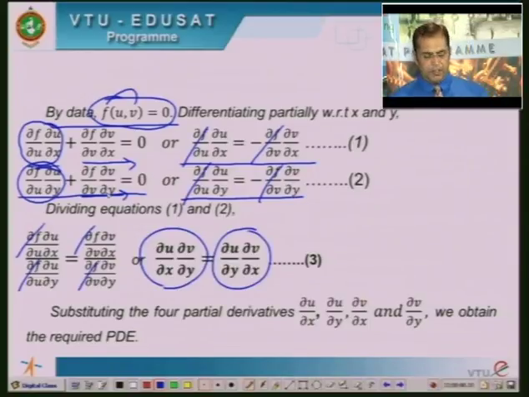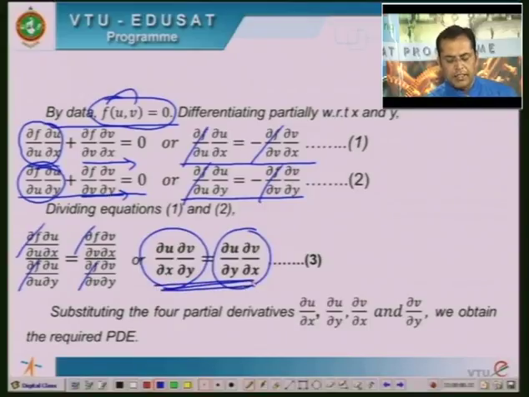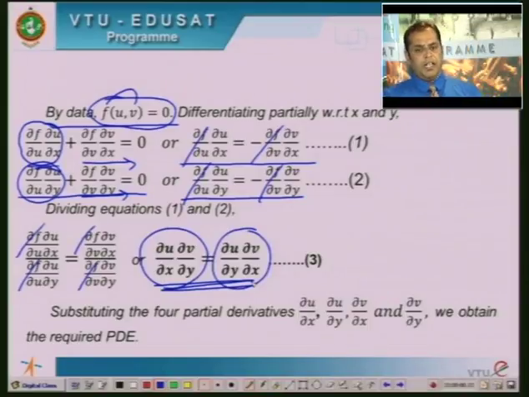These 4 partial derivatives when substituted in this relation will give you the required PDE. So, just substitute and rearrange. Now, you can see friends that when you practice, this relation here is equivalent to the previous 3 examples. That is to say, u equal to f of v and f of u v equal to 0 are equivalent problems. Both will give you the same PDEs.